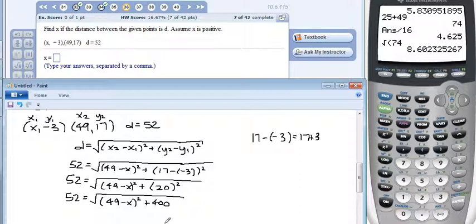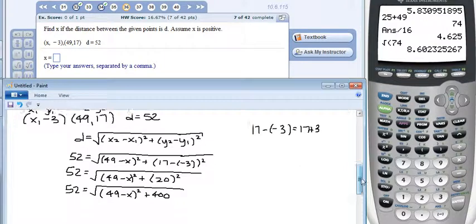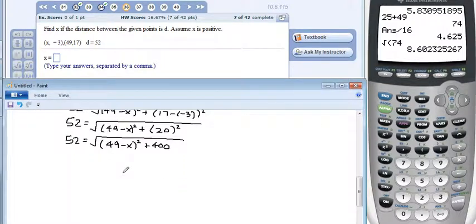Okay? So far so good. All right, so where do we go from here? Well, it looks like a mess to me, but I see a radical sign, and I know how to get rid of a radical sign. I square, right?